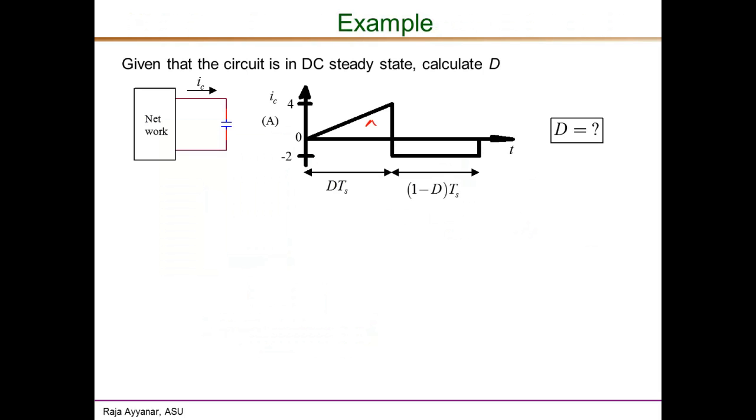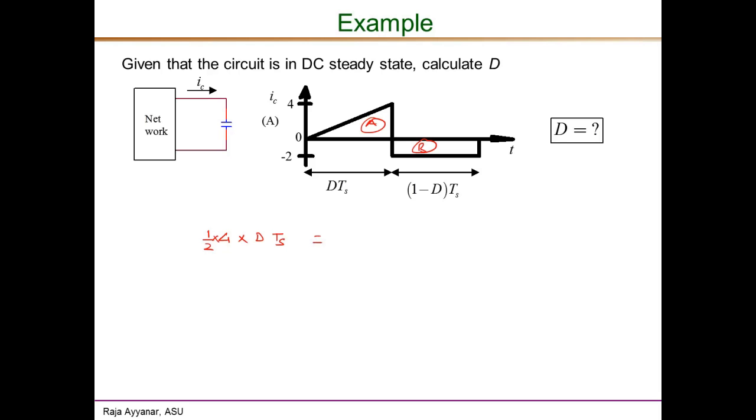Call this area A and this area B, and we have to equate A equals B. Writing the area A, which is the area of a triangle, it is 1/2 times the height, which is 4 amperes, times the base, which is D times TS.